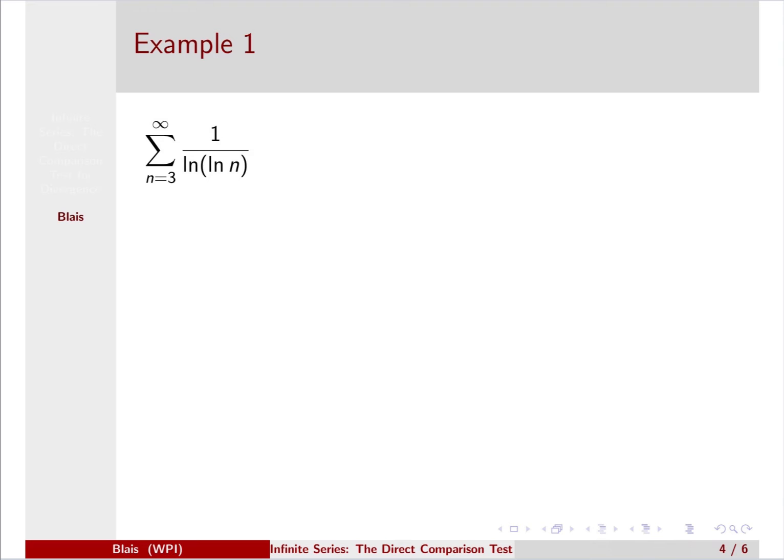For example, suppose we have this here. The sum, and we know n has to start at 3 because we have to avoid division by 0. You can't have a natural log of 1, which is 0, in the denominator. And we look at this, and this one can be tough to have intuition for. But if we think of natural log and we think about the graph of natural log, we know it looks something like this.